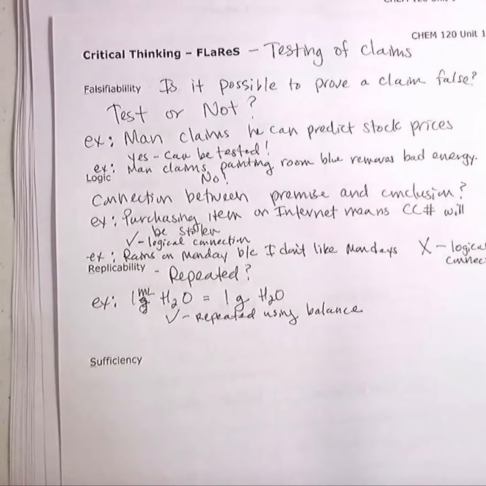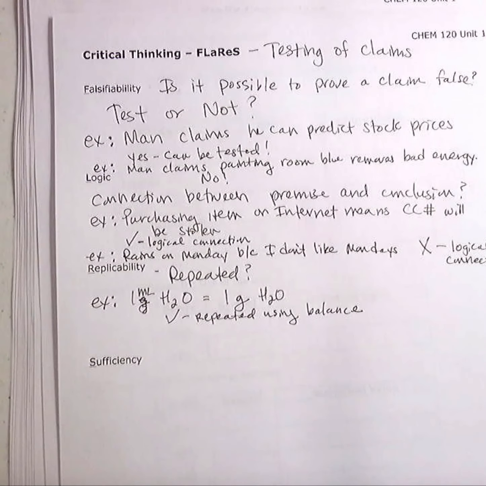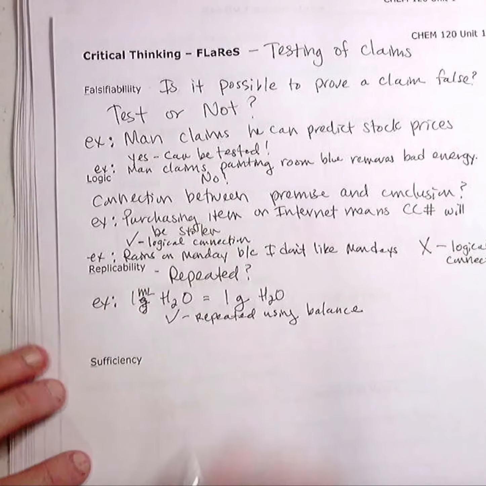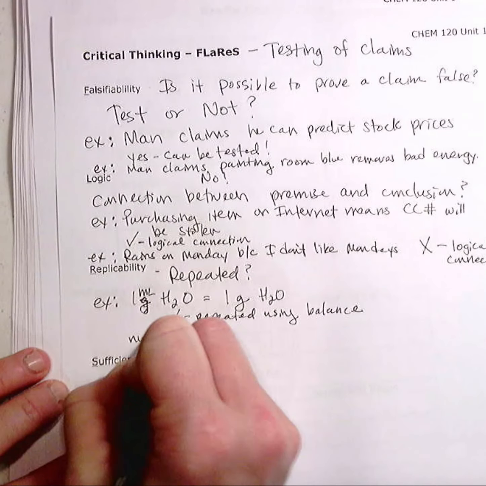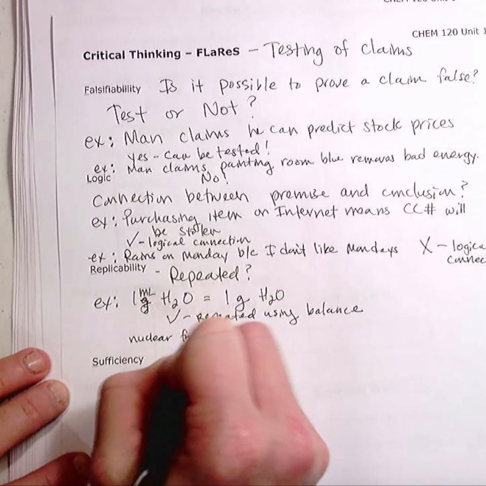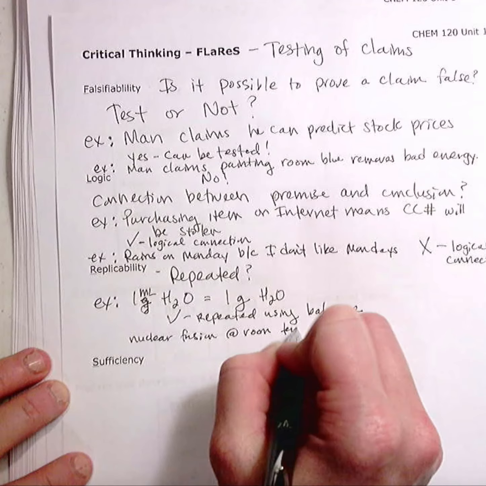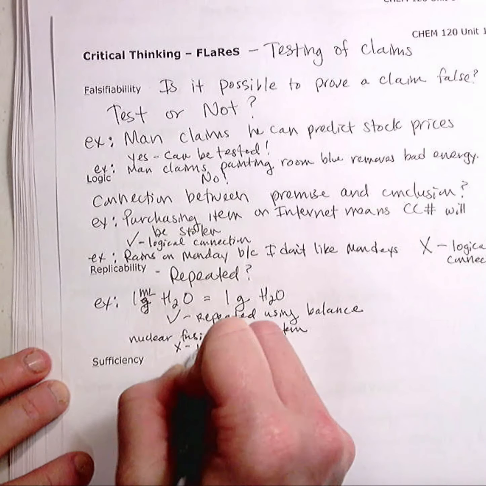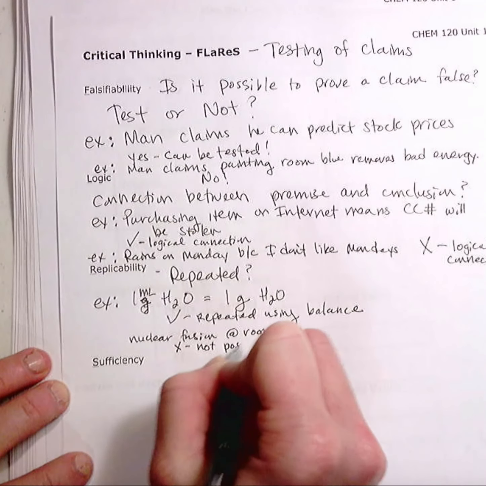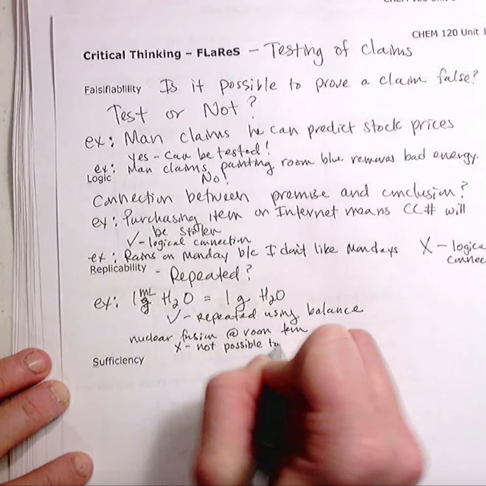Okay. A pair of scientists claimed they could make nuclear fusion occur at room temperature and produce vast amounts of cheap energy. Nuclear fusion at room temp? No, not possible to repeat.